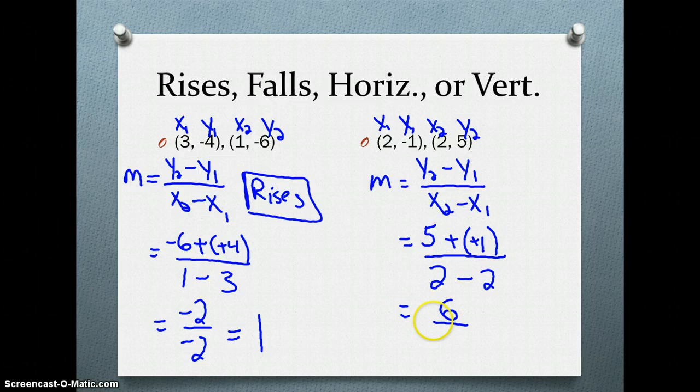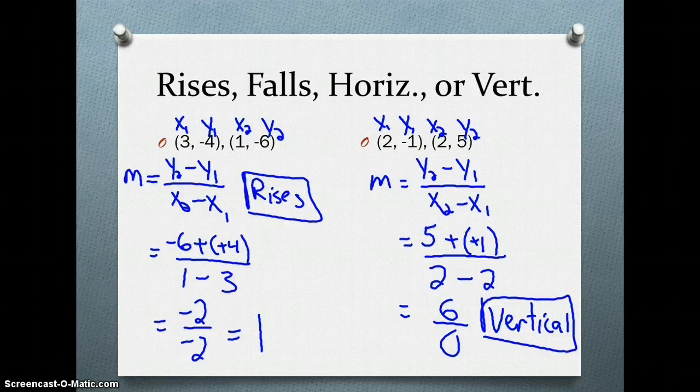We get 6 over 0. 2 minus 2 is 0. That's undefined because we cannot divide by 0. So that means this is a vertical line. And we actually know where that vertical line goes, because vertical lines have the same x value. So this is actually the vertical line x equals 2.